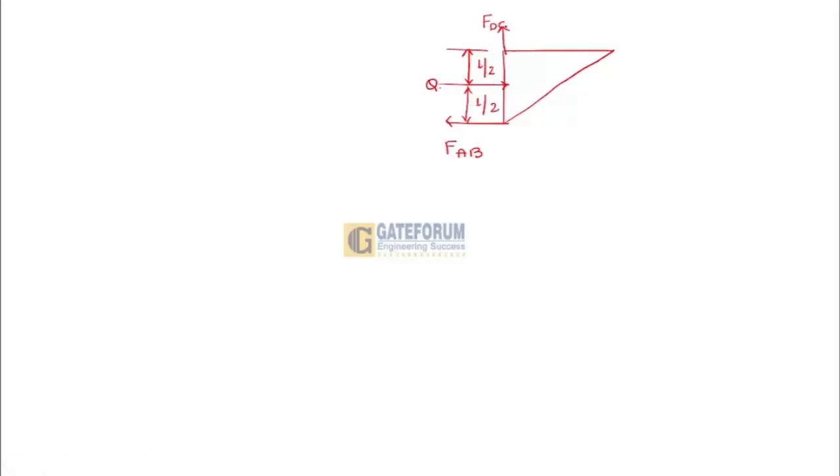I am taking all the forces outward, depending on the directions, I mean positive or negative sign. In the end I will decide. This is L by 2 and EF is the condition. So from this condition, this is the force which is coming out. Summation of horizontal force is equal to 0. FAB is equal to Q.